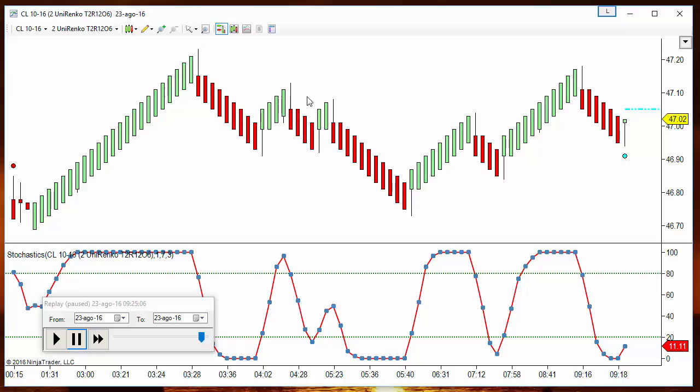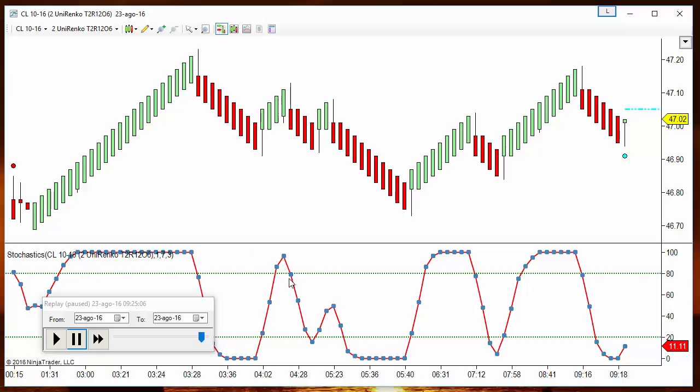We can see only some dots, but not all, and this is because of the behavior of the stochastic. We can see the stochastic for this signal. We need this dot to be below the oversold, and the value is 23. We are using a threshold of 20, so we need a bigger threshold.